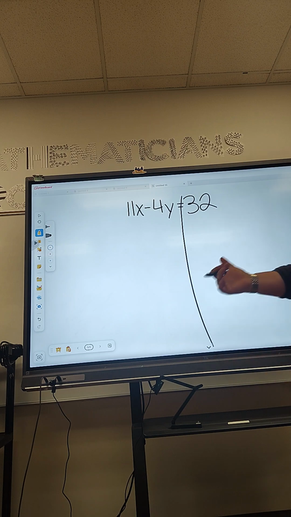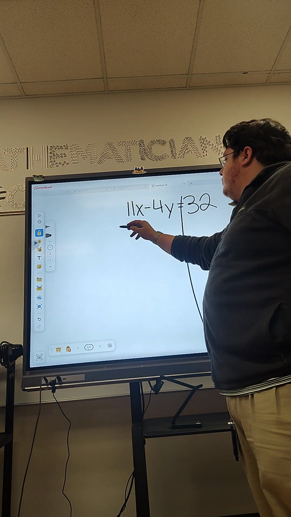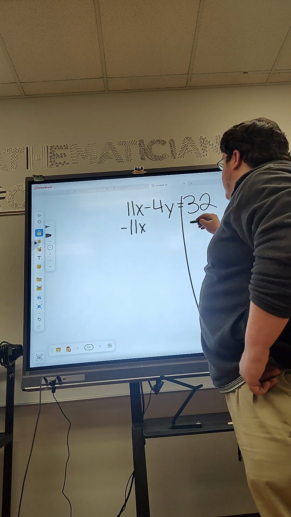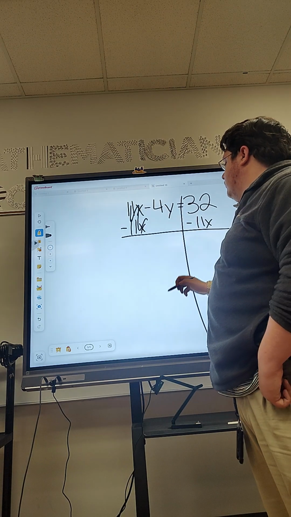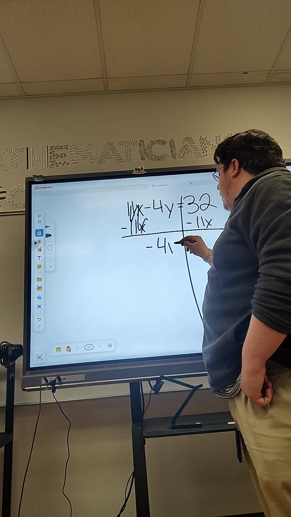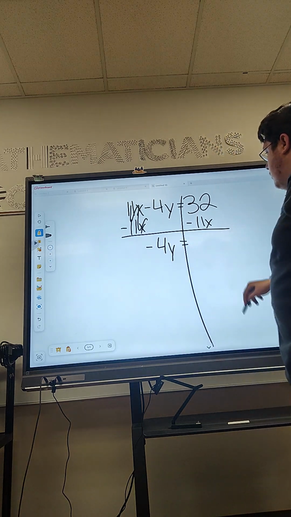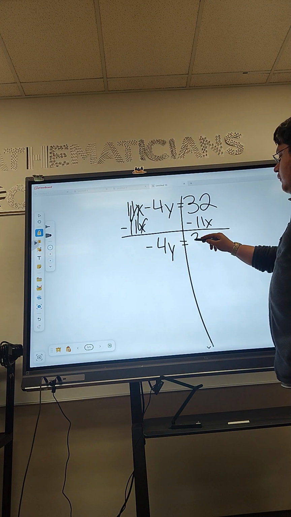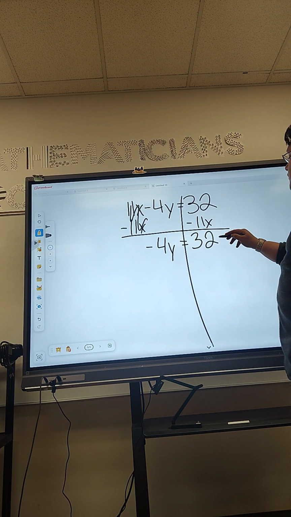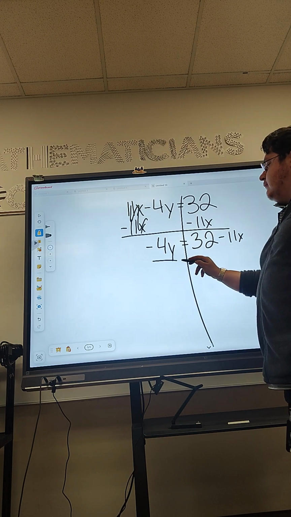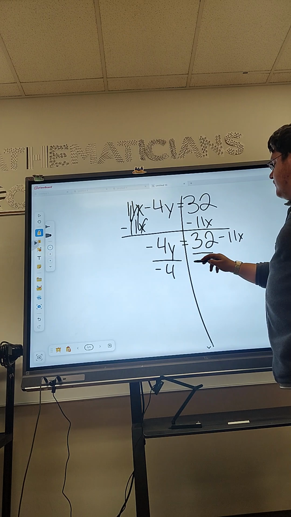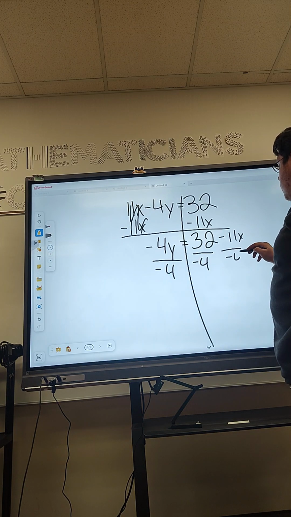Okay, so same idea. Subtract 11x from both sides. 11x is gone, giving me negative 4y equals 32 minus 11x. Say that, 32 minus 11x. And then you divide everything by this negative 4.